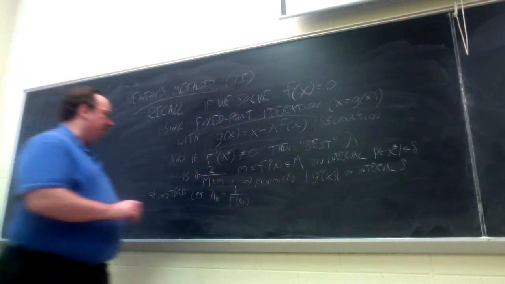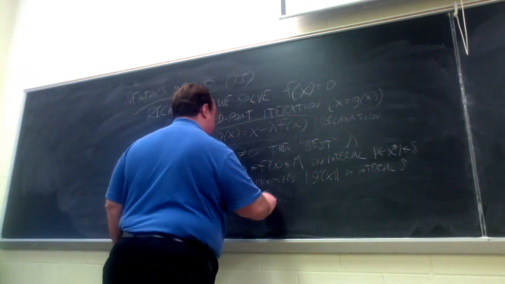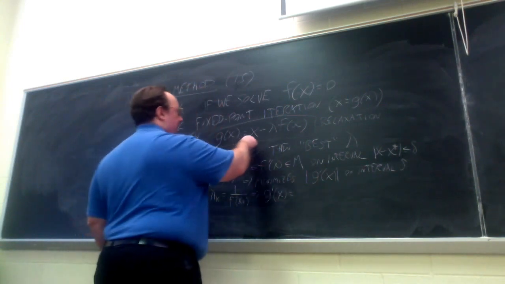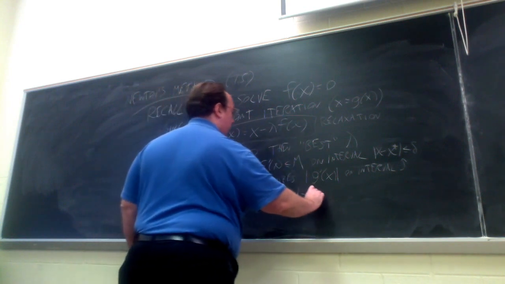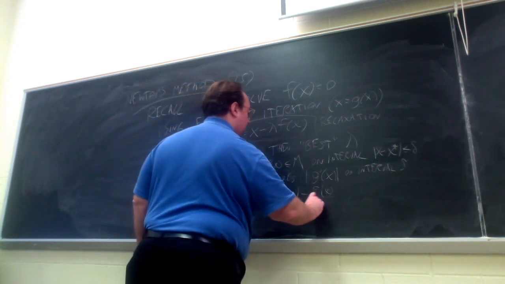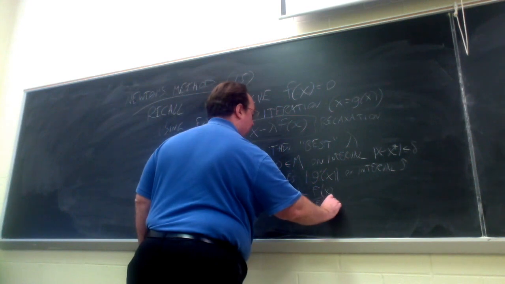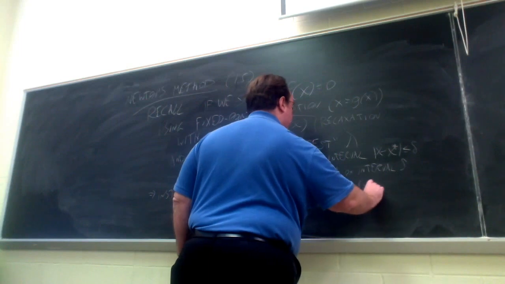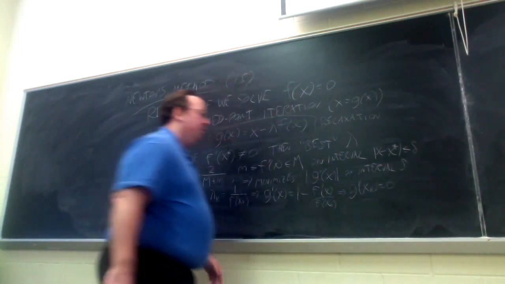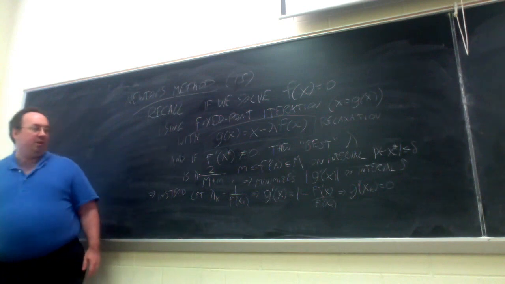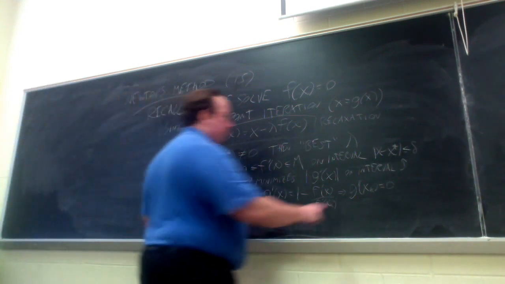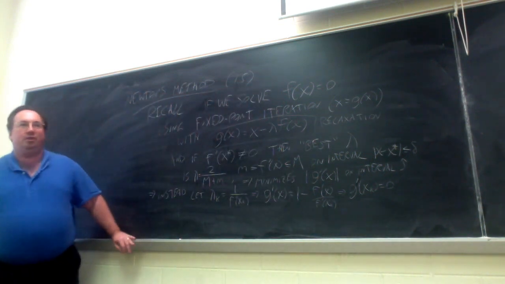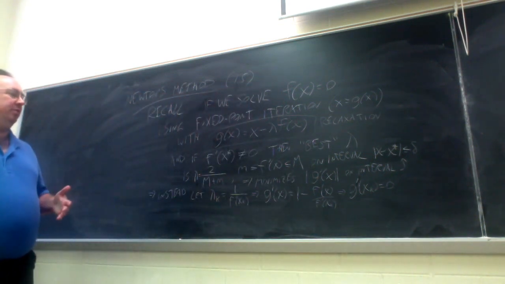And a reason for that is g prime of x would now be, if we take the derivative of this, 1 minus f prime of x over f prime of xk. And therefore, g prime of xk would be 0. So that's what we would prefer. We would like g prime to be 0 all the time. And what we really want is for it to be 0 at the root.